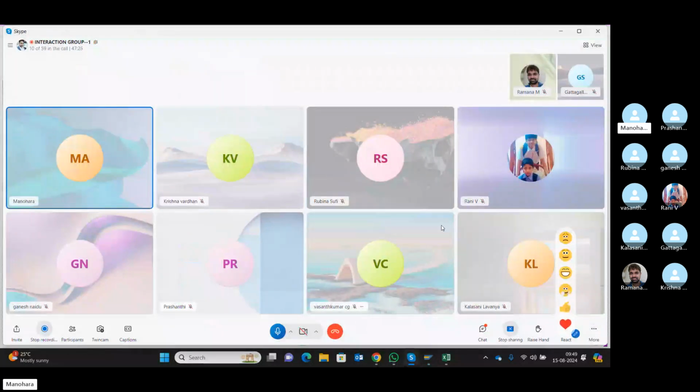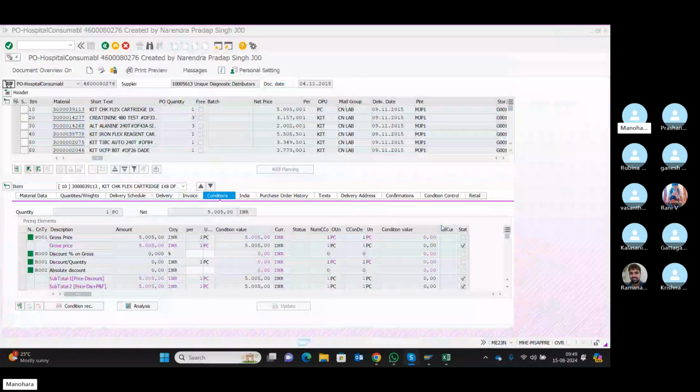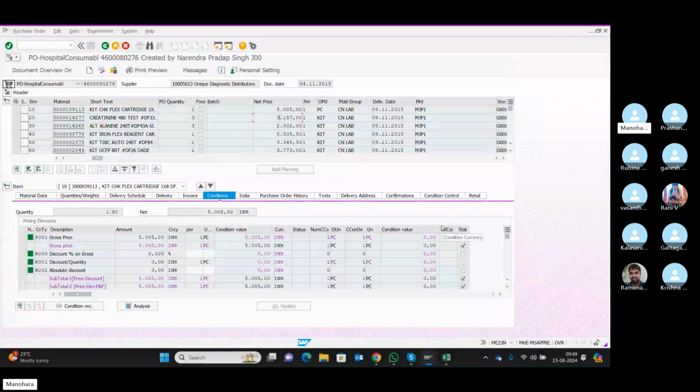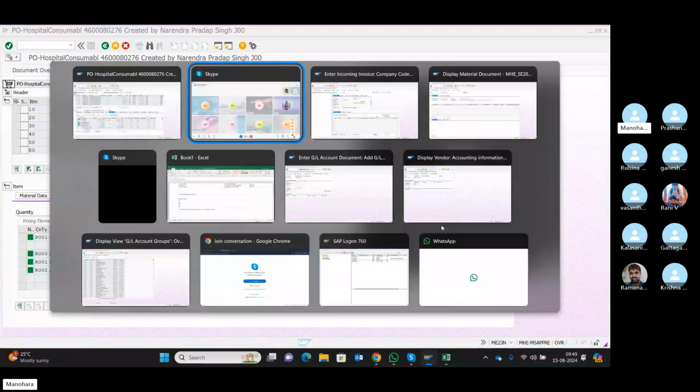Anybody can tell? No. Then how will document splitting happen for the purchase order? How will the system understand the profit center? There is no option here, so how will documents be split?